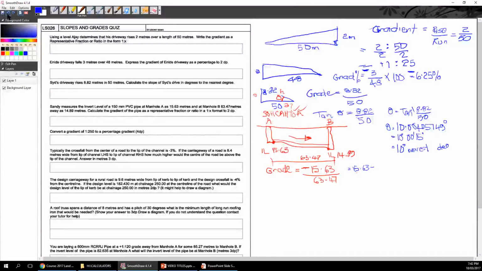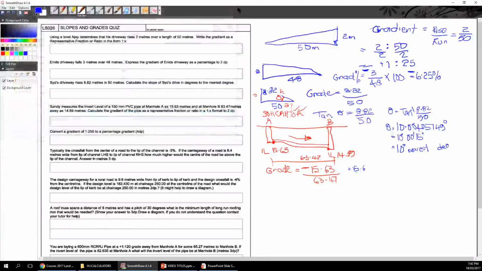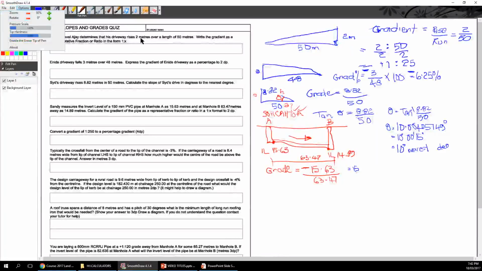It's not 15.63, my mistake. It should be 15.63 minus 14.89.